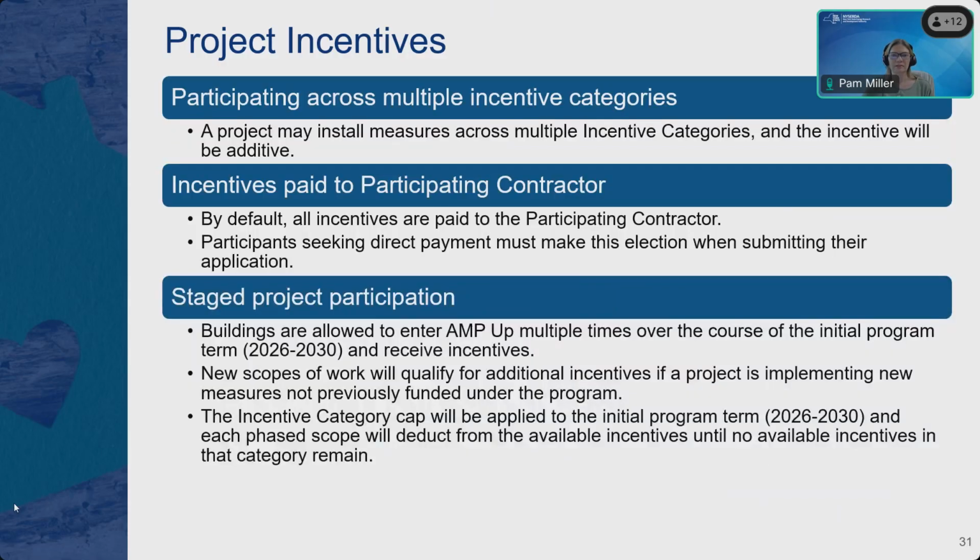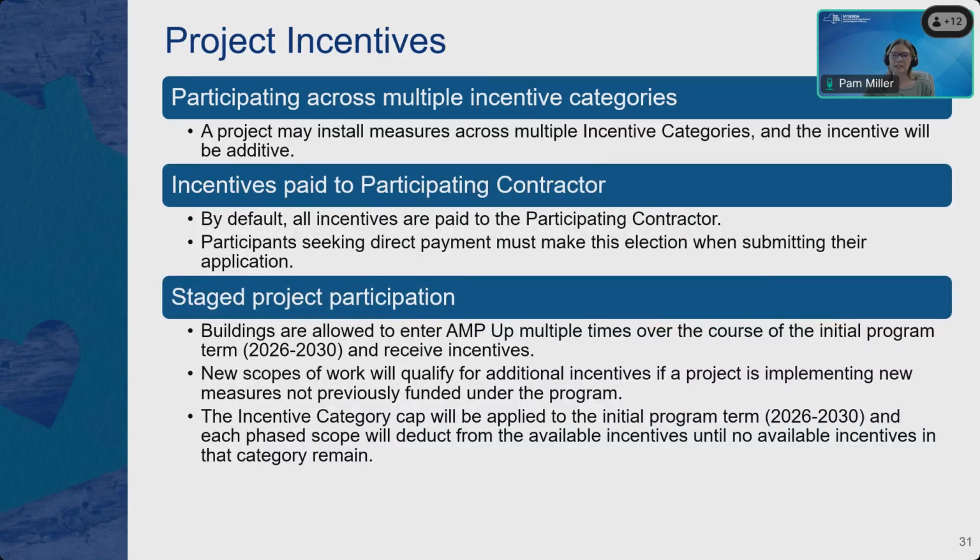Next slide, please. A project can install measures across multiple incentive categories, and the incentives are additive. It's important to note that by default, all incentives are paid to the participating contractor, and participants seeking direct payment must make that designation when submitting the initial application with your participating contractor.